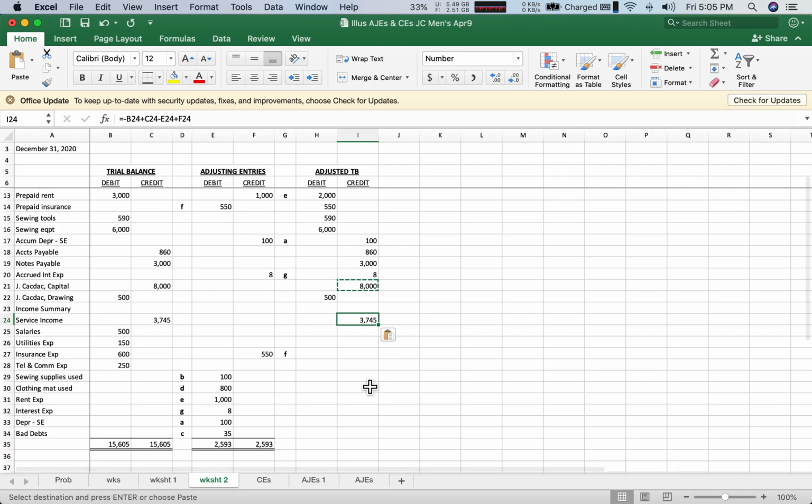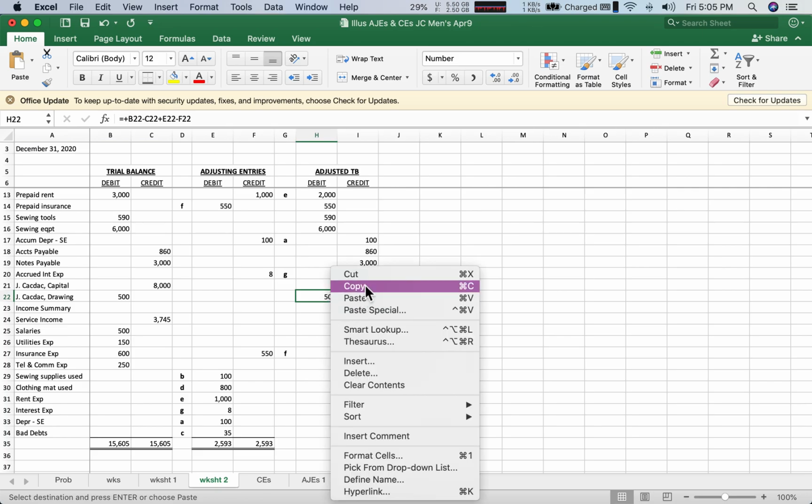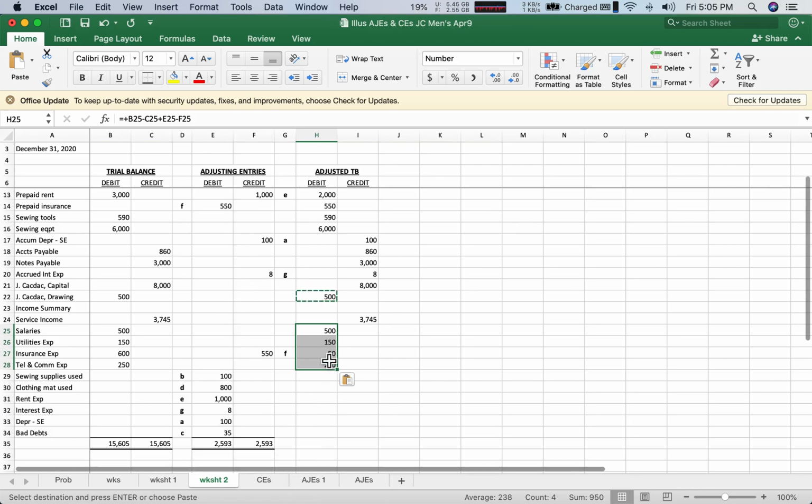Then these are debit balances, so you copy the formula here. Copy. Paste. This one is also debit balances here, so you just copy.